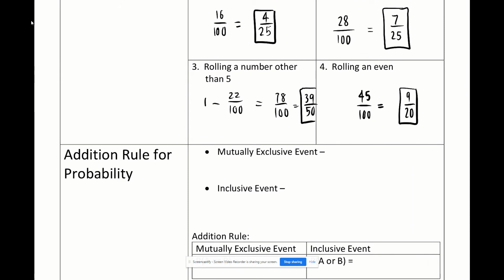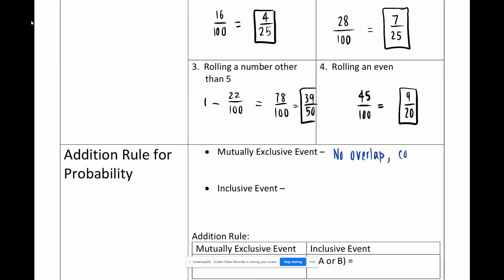So here we go. The addition rule for probability is the next thing we're talking about. And there's a couple of different possibilities. We kind of dealt with this in the homework assignment a minute ago. I thought I told you it was in conditional probability, but it's right here. If we're talking about a mutually exclusive event, that means there is absolutely no overlap whatsoever.